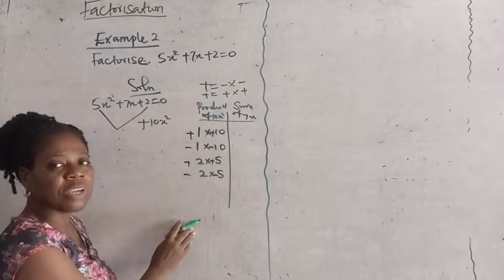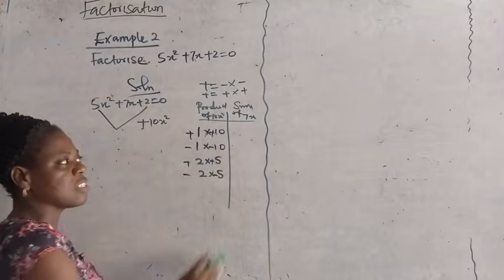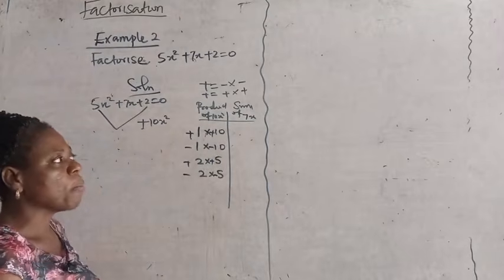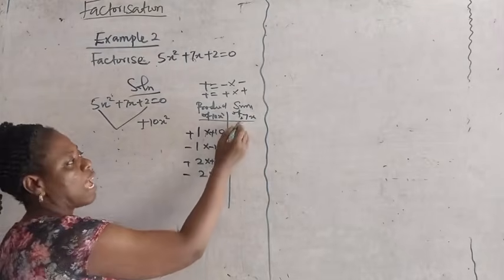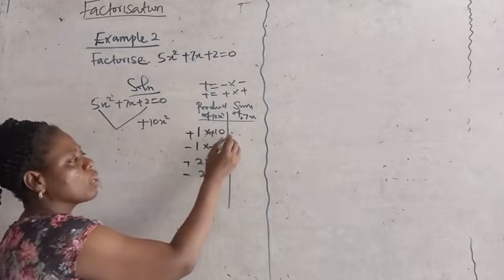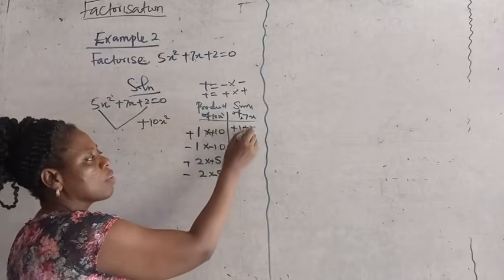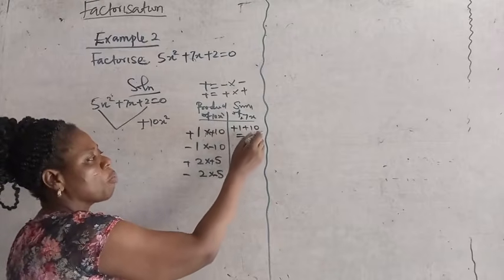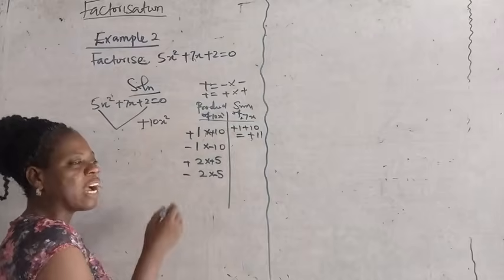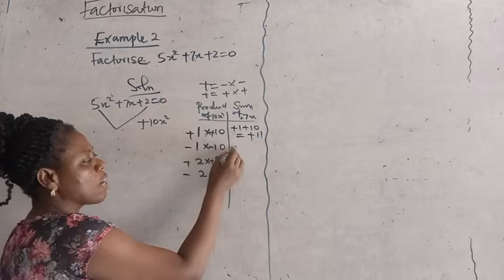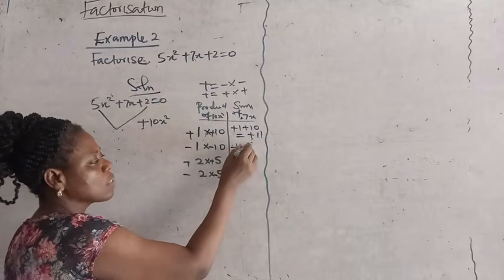After getting the factors here, we now come for the testing to get the sum of plus 7x. And we're having what? Plus 1 plus 10. What will that give back? We get plus 11. I have 1 error, I have 10 error. I have minus 1 minus 10.